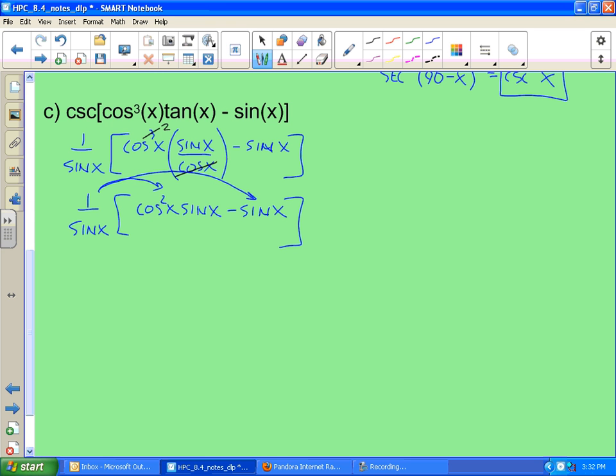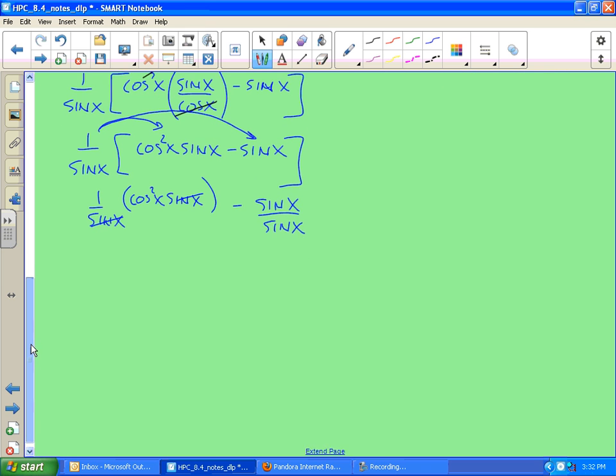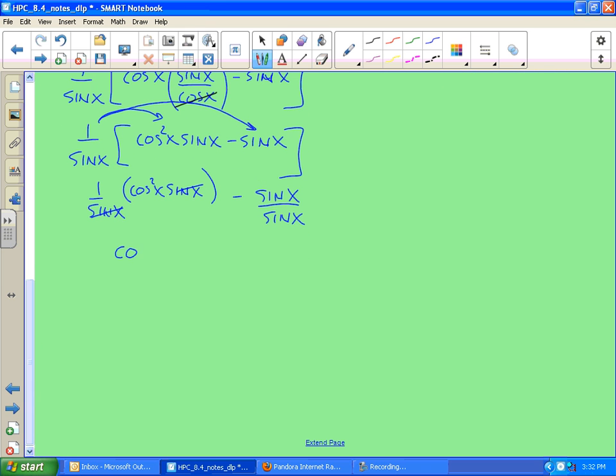And if I did that, I have 1 over sine x times cosine squared x sine x. Those two get to cancel. And then I have a minus a sine x over a sine x after I distribute. So I get a cosine squared x minus a 1.